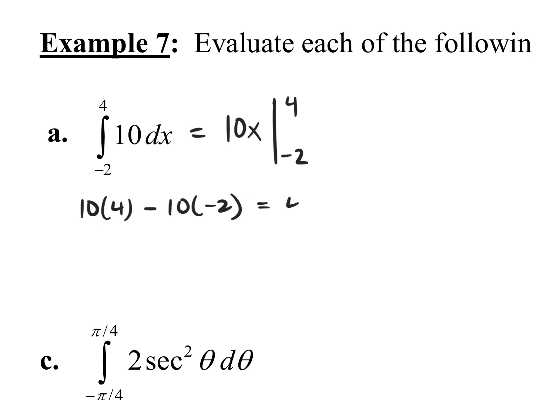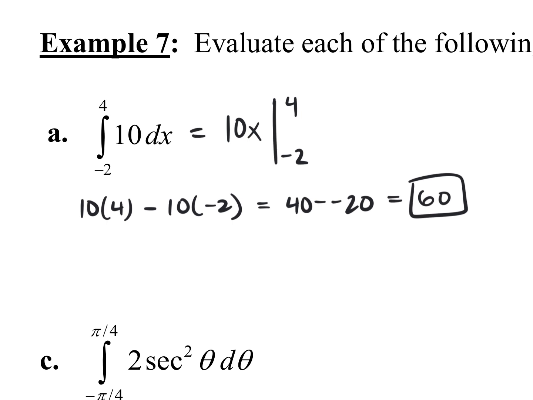That means I get 40 minus a -20, which gives me 60. Okay, please, please, please show your work, so that if you make a silly mistake somewhere, I can give you partial credit.